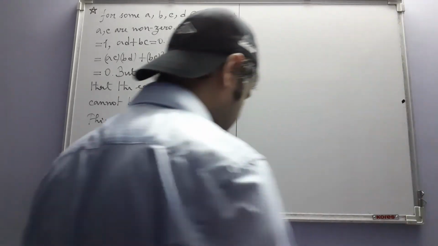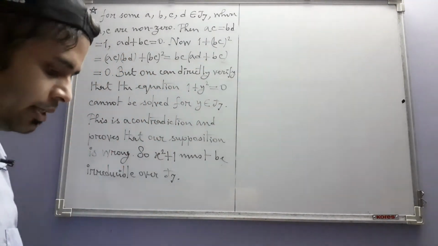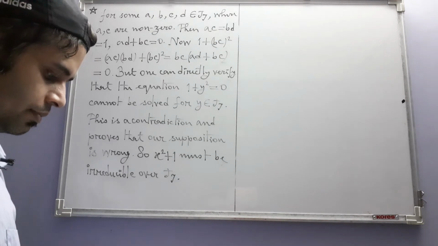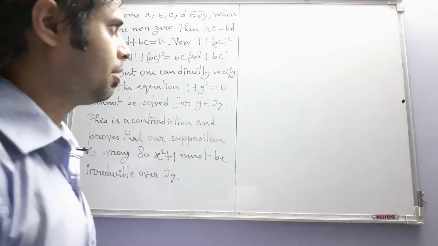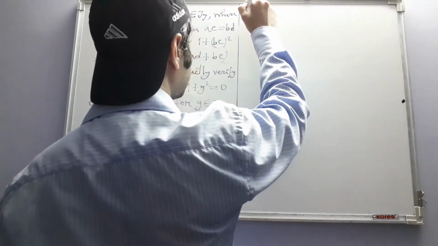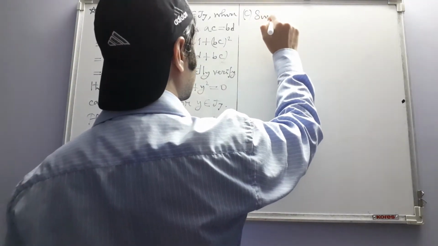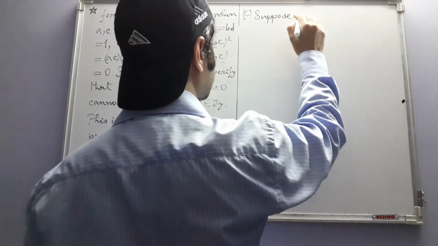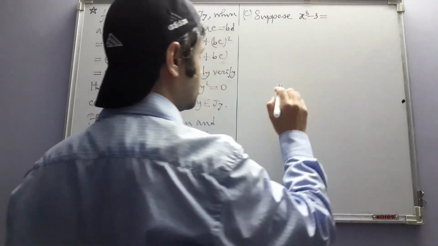Then in part C, the polynomial is x cube minus 3 and the field is the field of all integers modulo 31. Suppose x cube minus 3 is reducible.